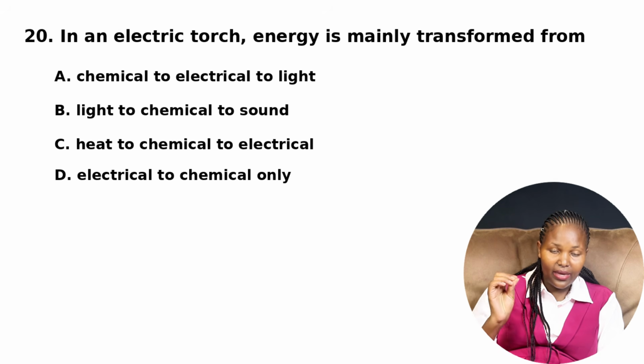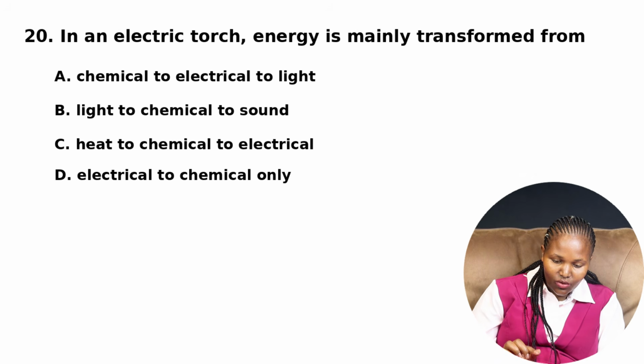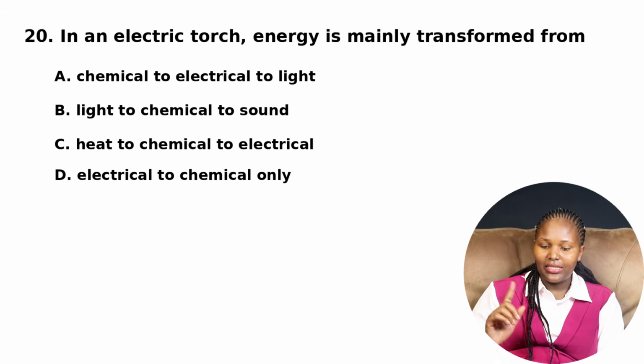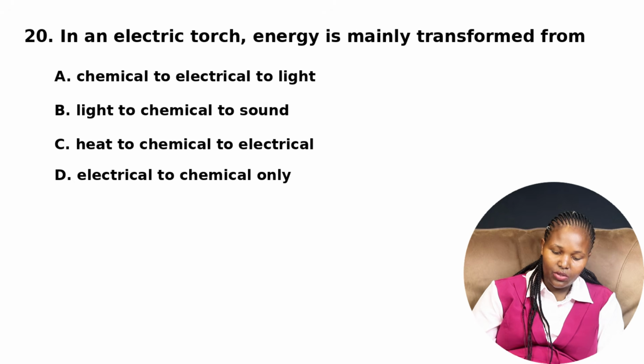It is powered by chemical to electrical. Then D, electrical to chemical only. Light is the major final useful form, so it is not electrical to chemical, because the final product is light. So electrical to chemical, they have switched.